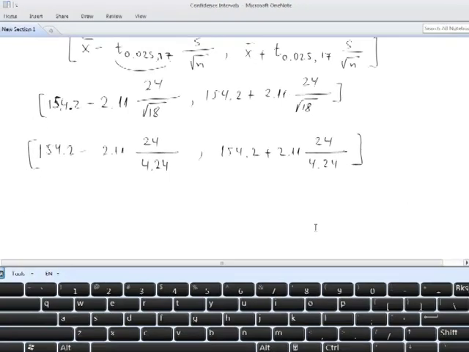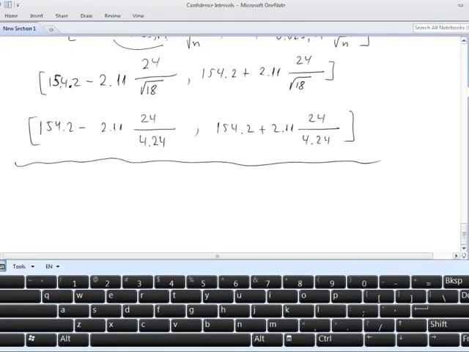Now I want to make a remark. When I say 95% confidence, what does that mean?